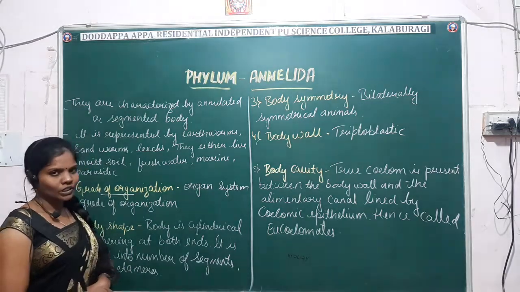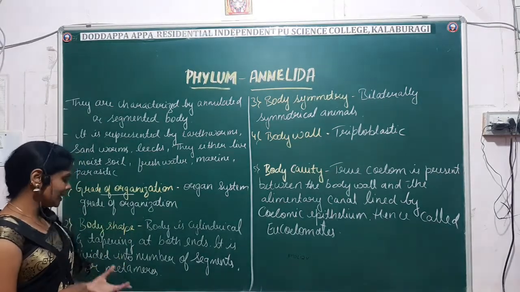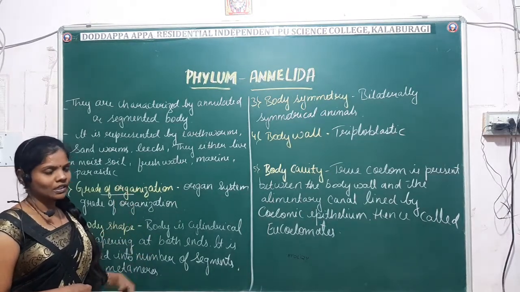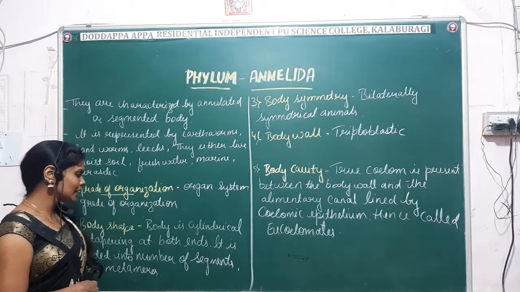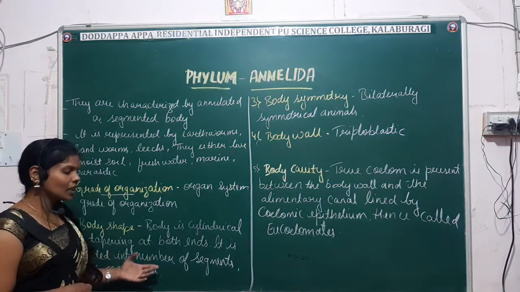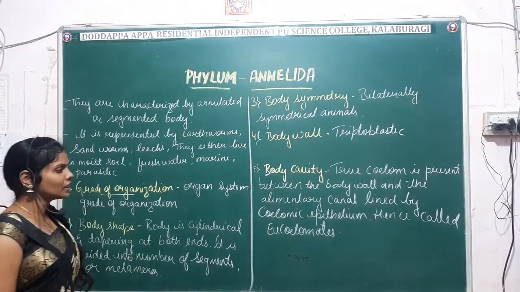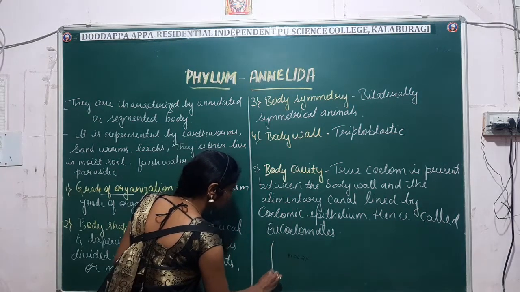Next comes the body shape. Here you can see that the body is cylindrical and tapering at both ends. It is divided into a number of segments or metamers. The body surface has a number of segments like this.